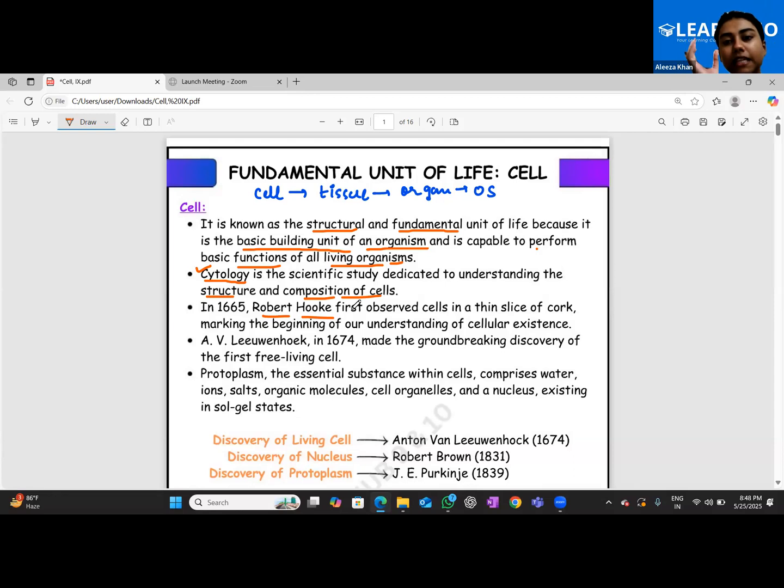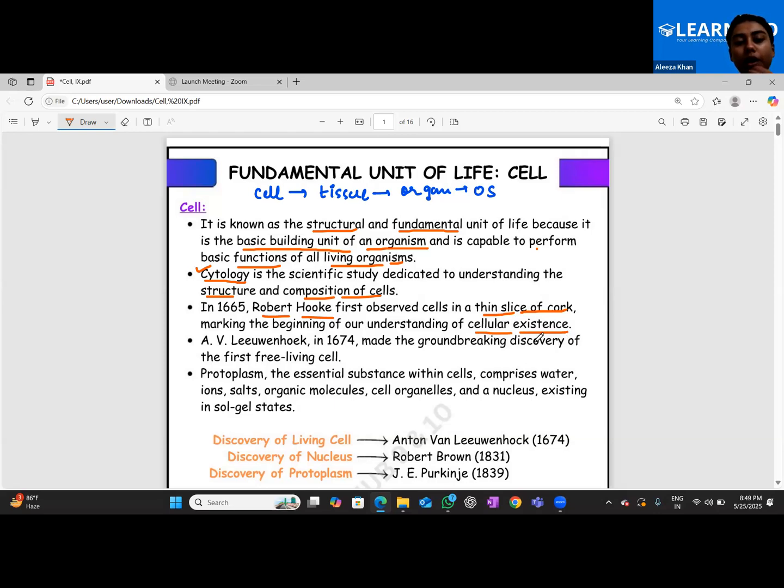He saw it in a thin slice of cork. Do you know what cork is? It's wooden bark. Okay, so he took a thin slice of cork and observed it under the microscope to see the cellular existence. Got it? Yes, ma'am.